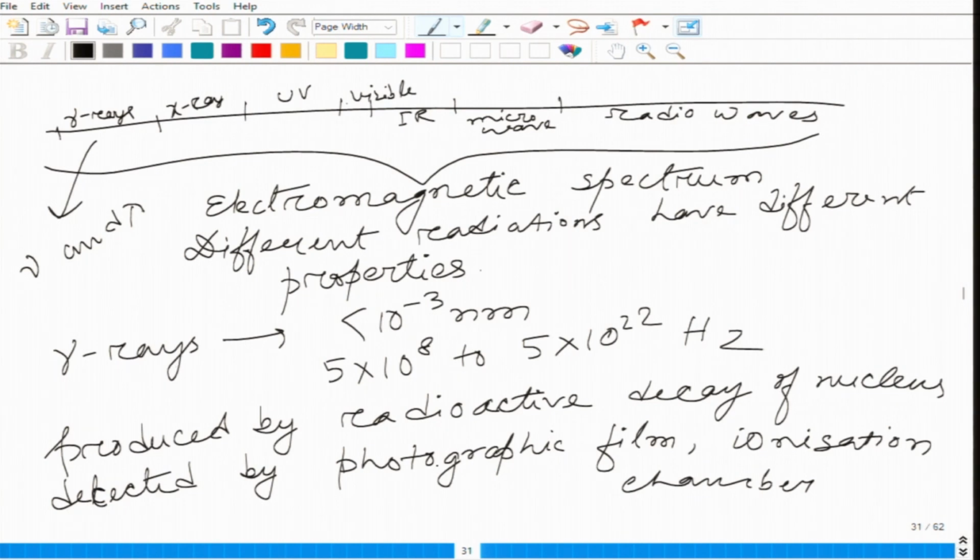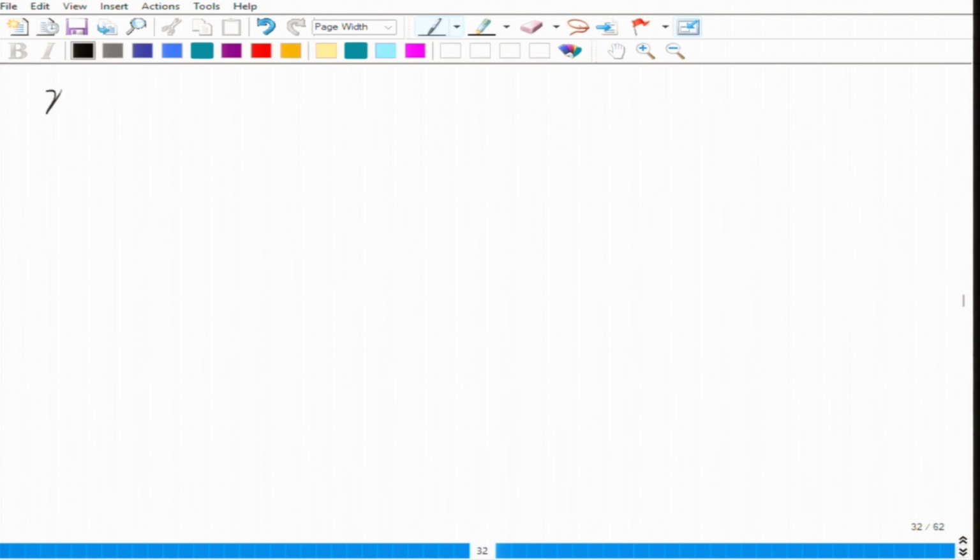So these are the gamma rays. It's a part of the electromagnetic spectrum. Next is X-ray.